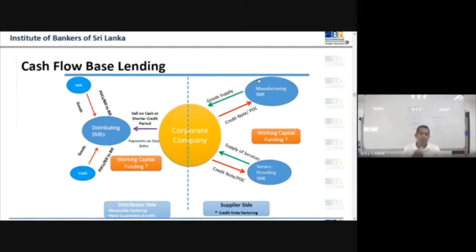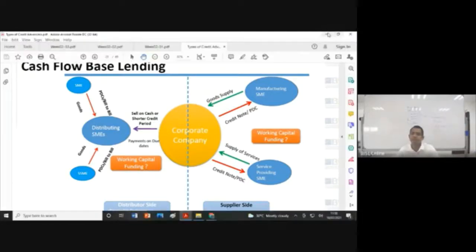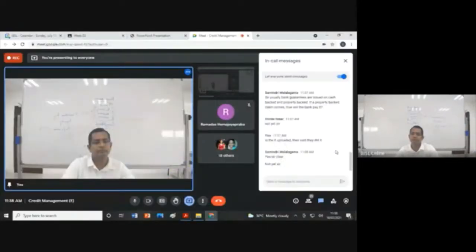That is called distributor side or distributor finance. Receivable finance, distributor finance, different words. Is that clear to you?